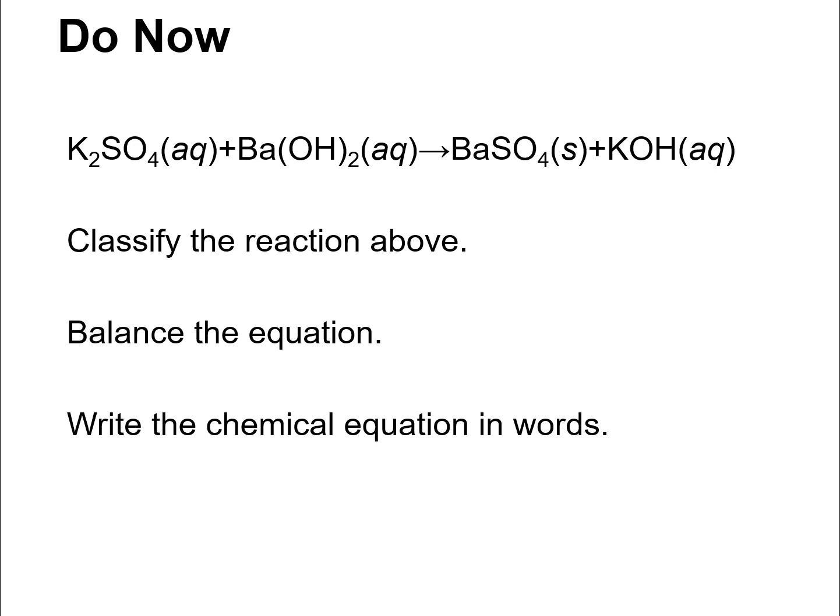Let's get started on the Do Now. How would we classify this reaction that we have here? We're mixing 2 aqueous solutions, and we are forming a solid and another aqueous solution.